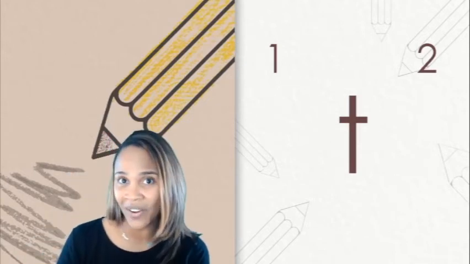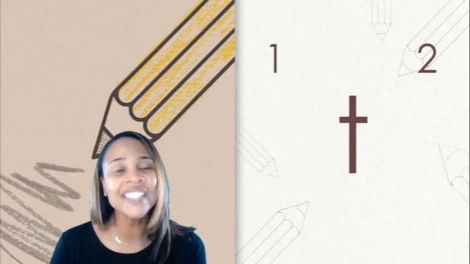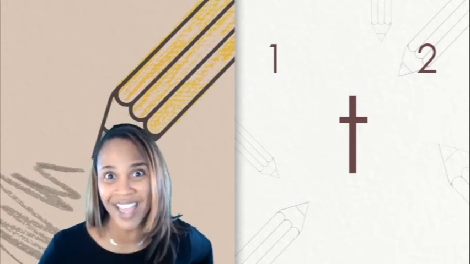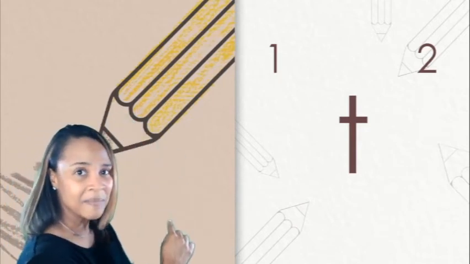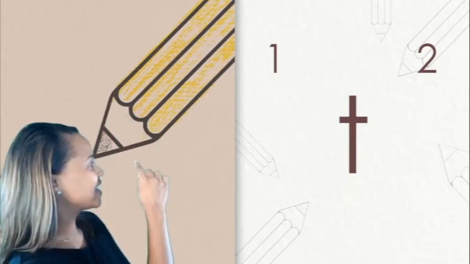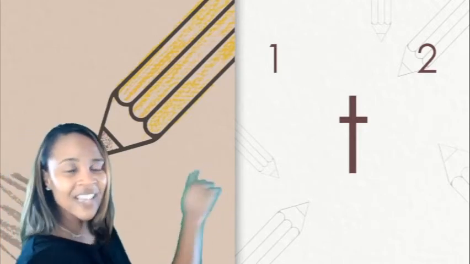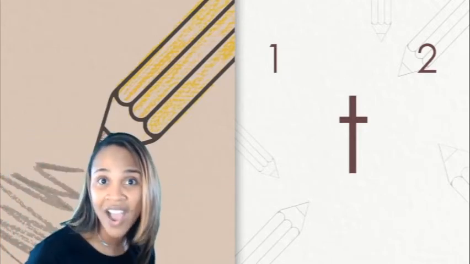One going from top to bottom, that's called vertical, and one going across, that's called horizontal. Watch as I skywrite these 2 lines to make the letter T. Top to bottom, vertical line, going across, horizontal line to cross the T.